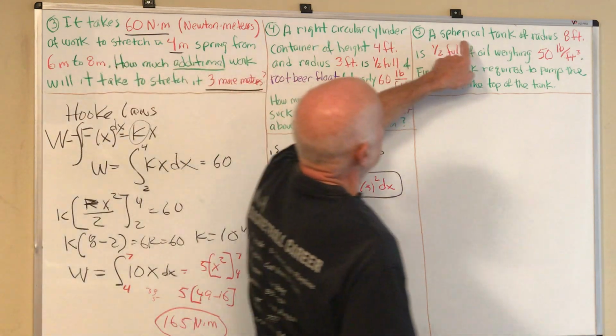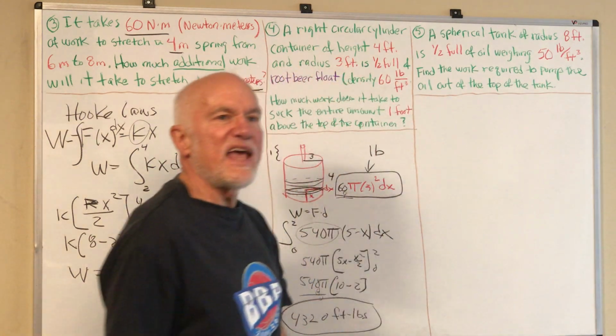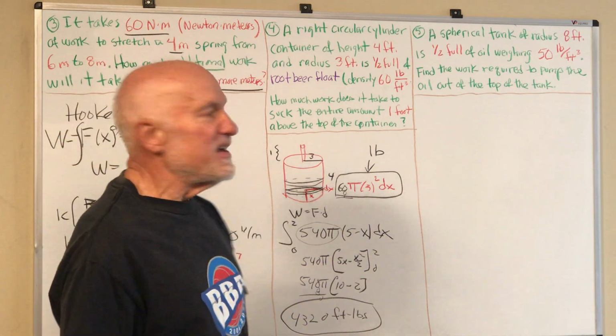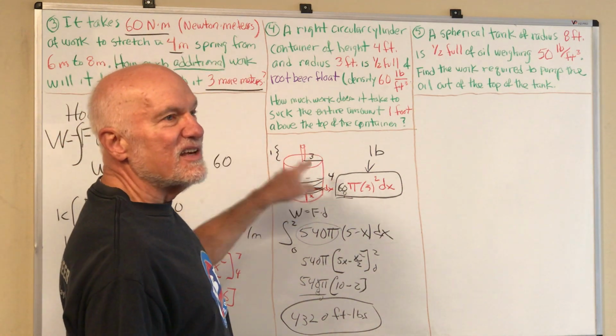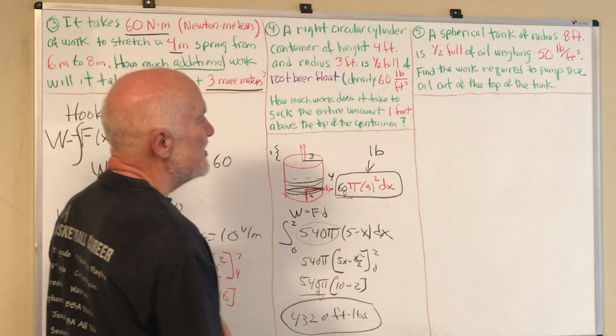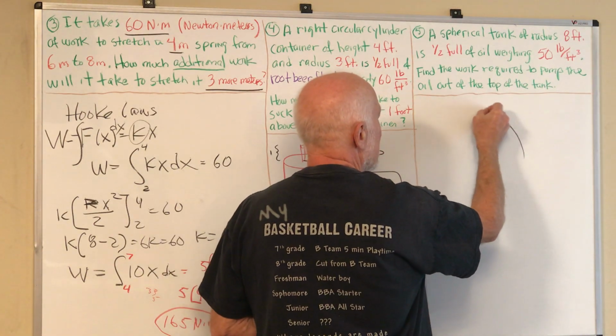So here's a typical one. I have to admit that most tanks aren't spherical, but it's more fun. It makes it a little bit harder. Cylindrical tanks are much easier because the radius is always the same. So I'm trying to give you a little bit tougher one.